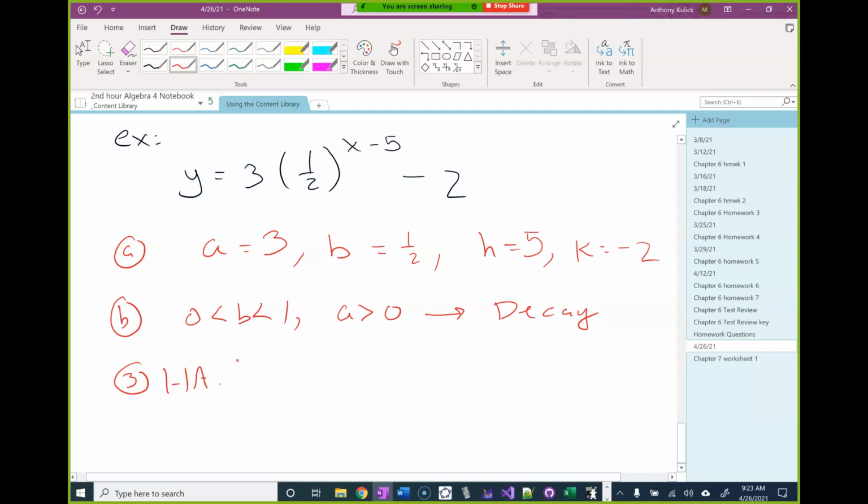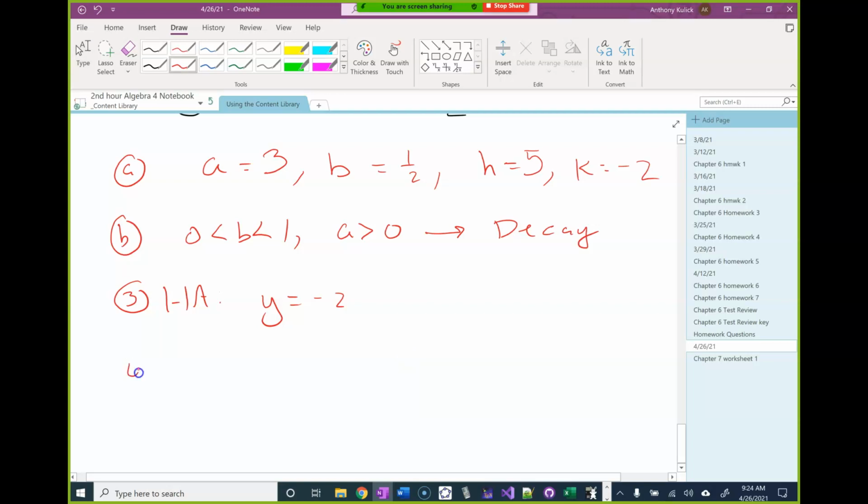What's the horizontal asymptote? Y equals -2. Everybody good there? Okay. Let's make our table. So what would our first x coordinate be?